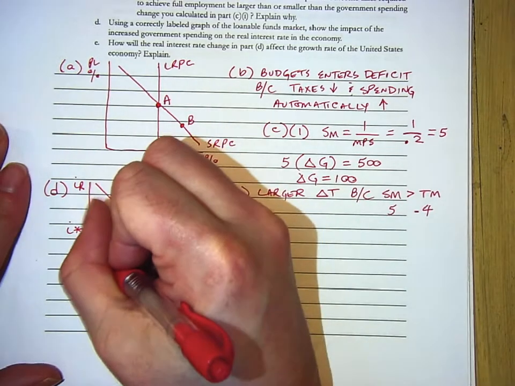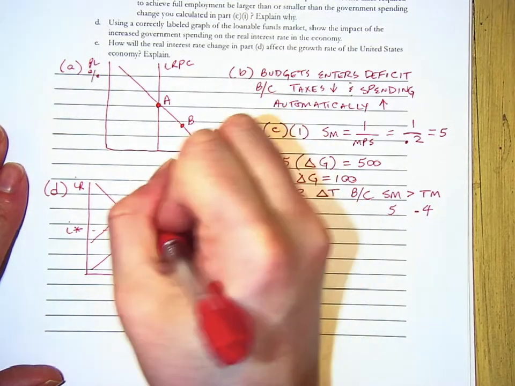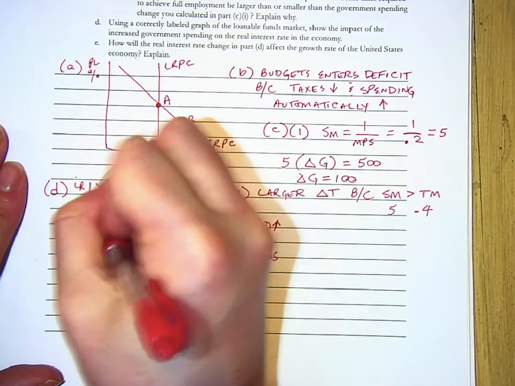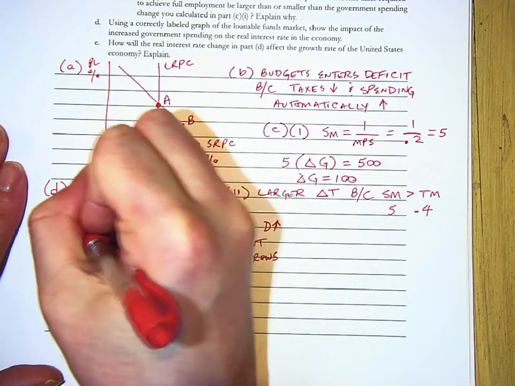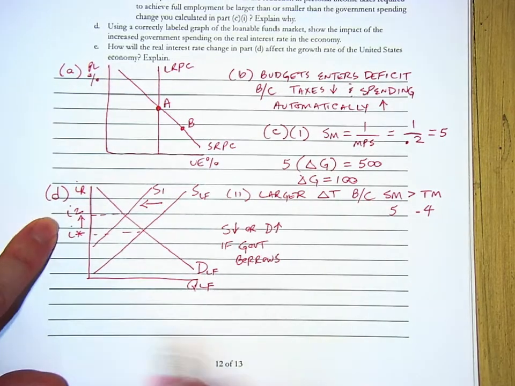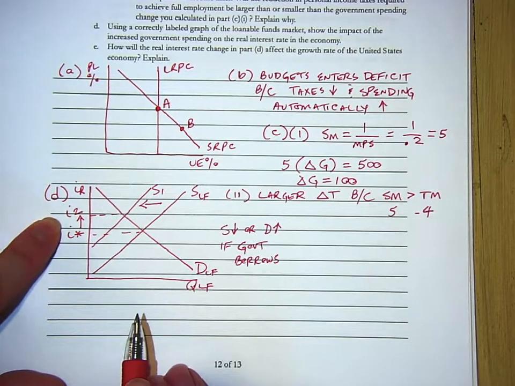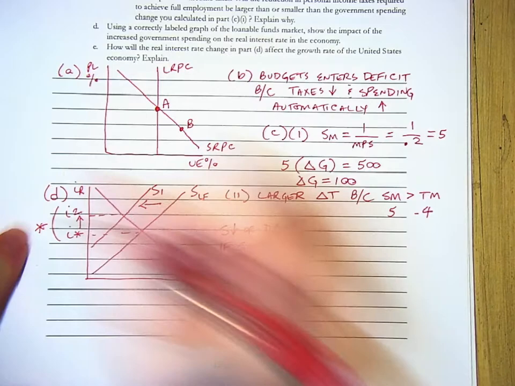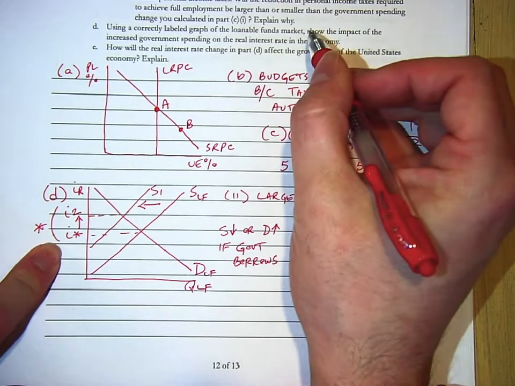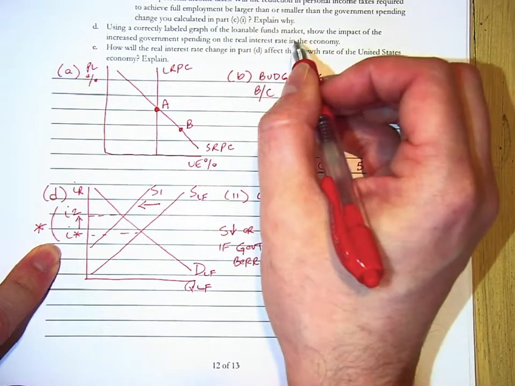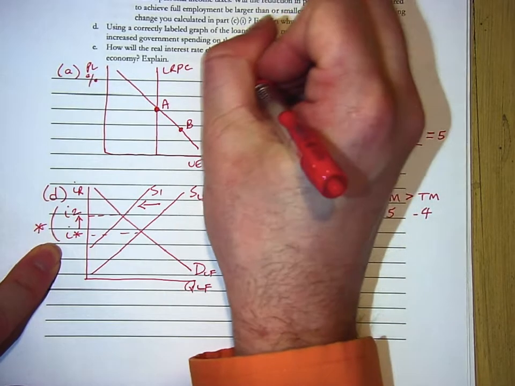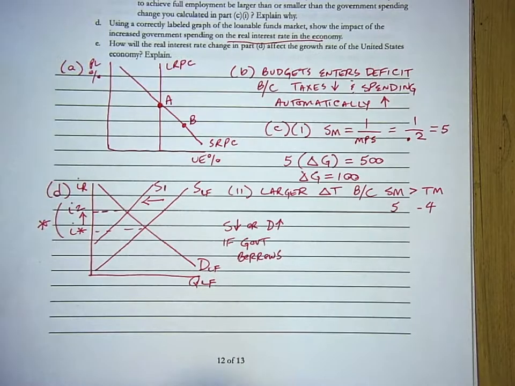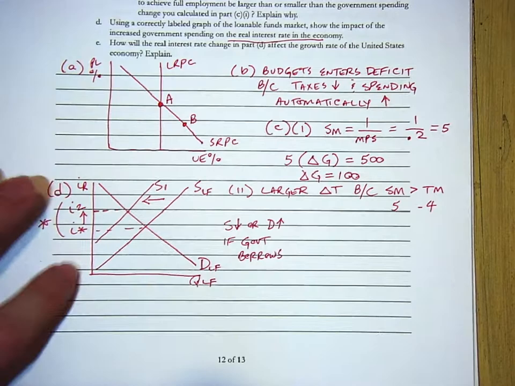I'm just going to show it here as a supply decrease, but you could draw it either way. And you need to show the increase in the real interest rate. So we went from I star to I2. It is important that you have this portion on here. It says show the impact on the real interest rate. If you choose not to do that, then you actually lose one of the 2 points on this problem.